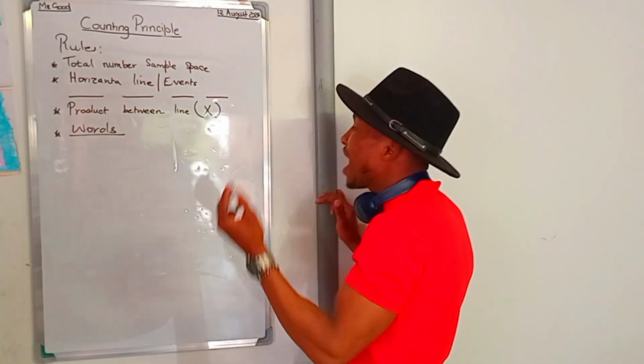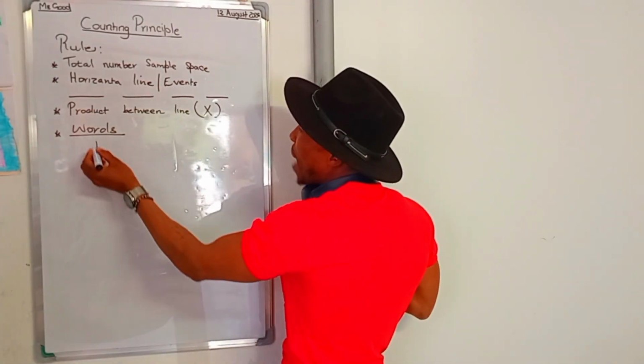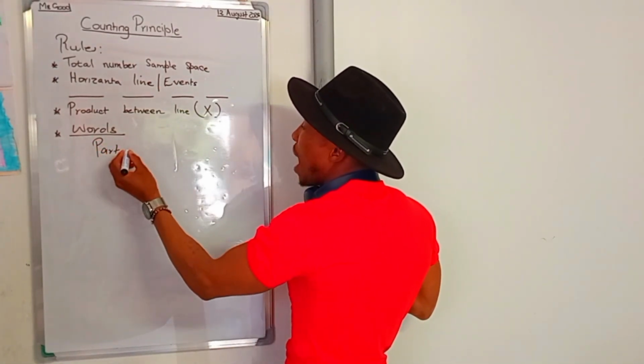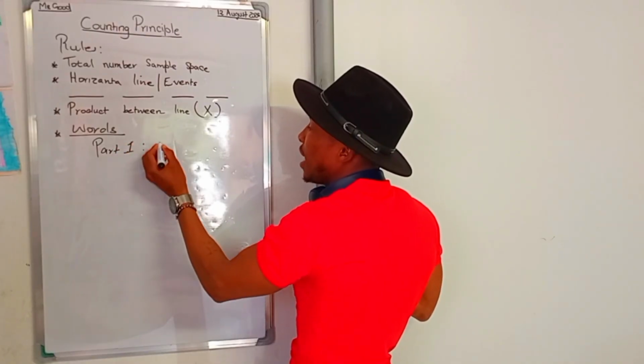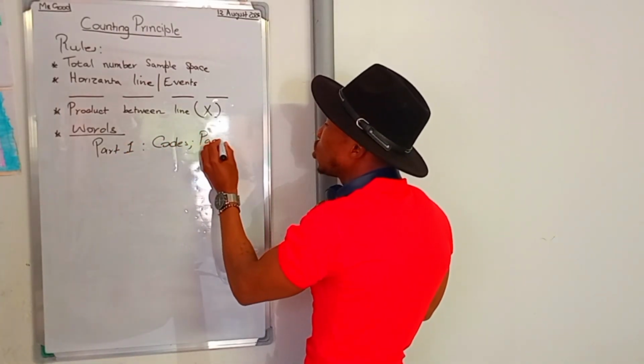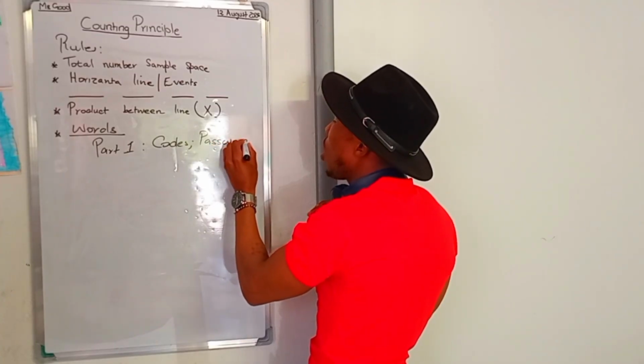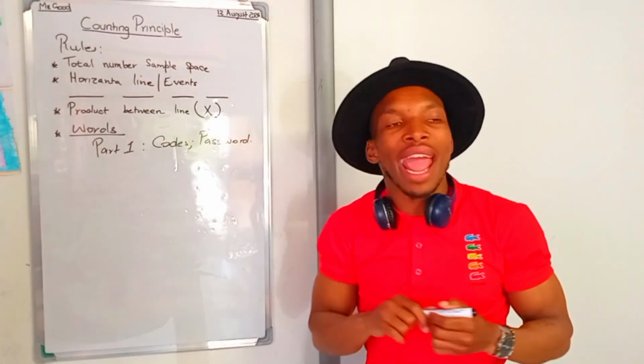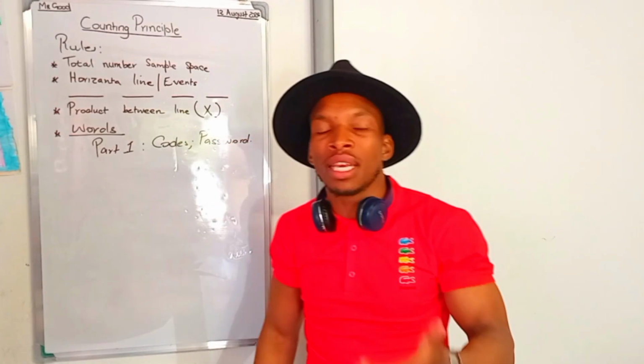Then, as I said, we are going to look at part 1. Part 1, whereby you normally look at how to create codes and also passwords. Then on the exam, they are going to give you digits.